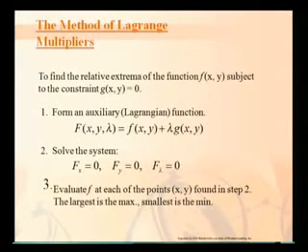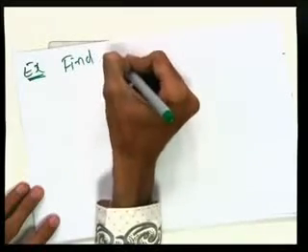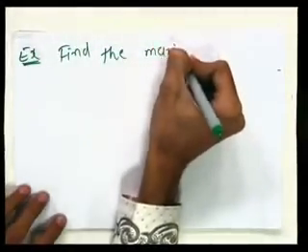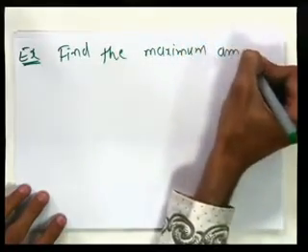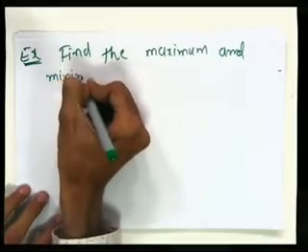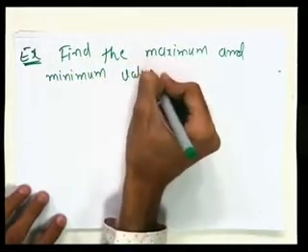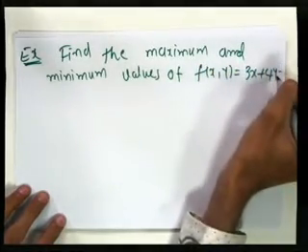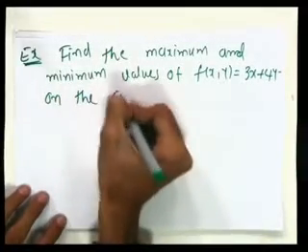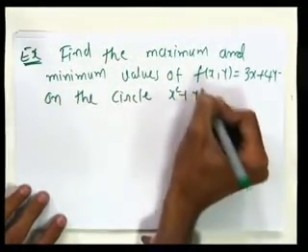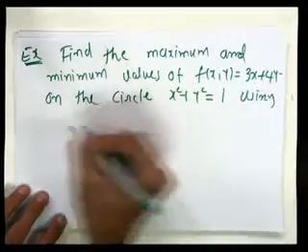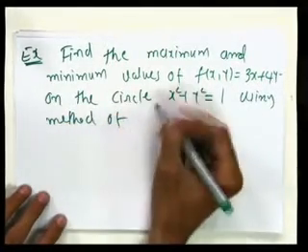The question is: find the maximum and minimum values of the function f(x,y) equal to 3x plus 4y on the circle x squared plus y squared equal to 1, using the method of Lagrange multipliers.